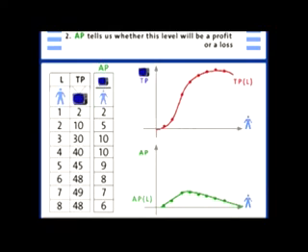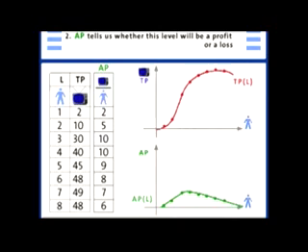Now, before, remember we said that the marginal product of labor was the slope of this curve at any given point? There's also a geometric way to calculate the average product of labor, but it doesn't make as much intuitive sense. It's actually the slope of a line from the origin up to the curve. The rise would be output, and the run would be labor, so output divided by labor would be the average.